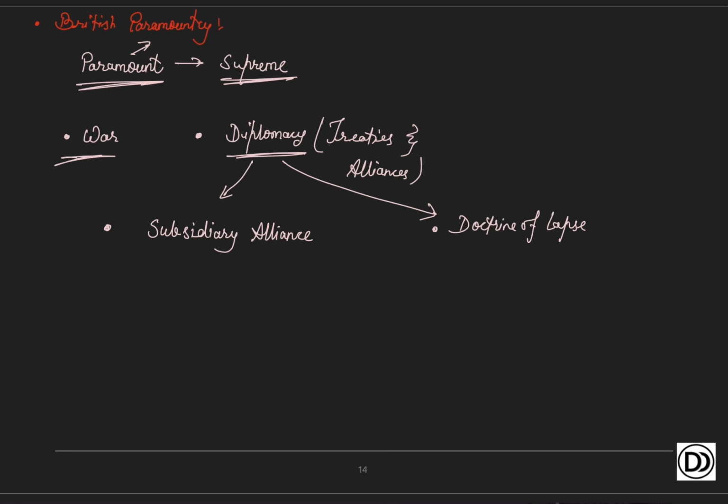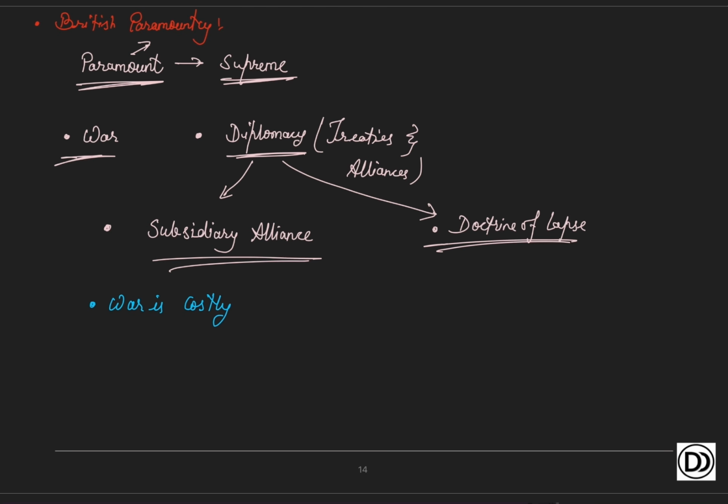Now before going into these policies, we must first look at why diplomacy was preferred over going to war, defeating the rulers and then establishing superiority over other rulers and their kingdoms. The reasons are simple. War is costly. When you wage war, you have to sacrifice your soldiers.